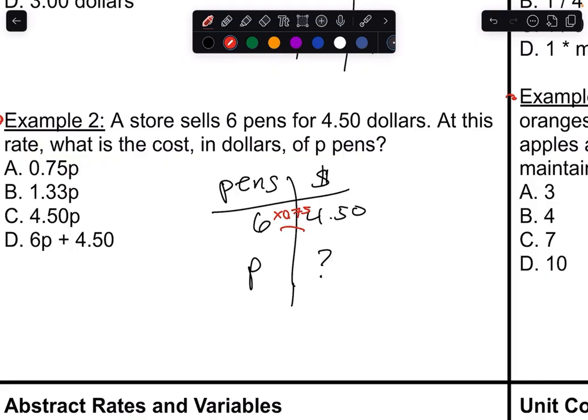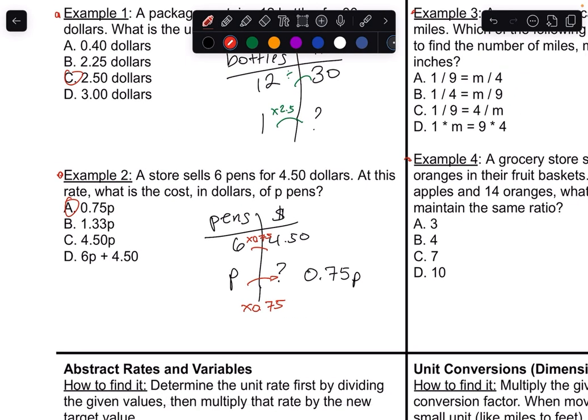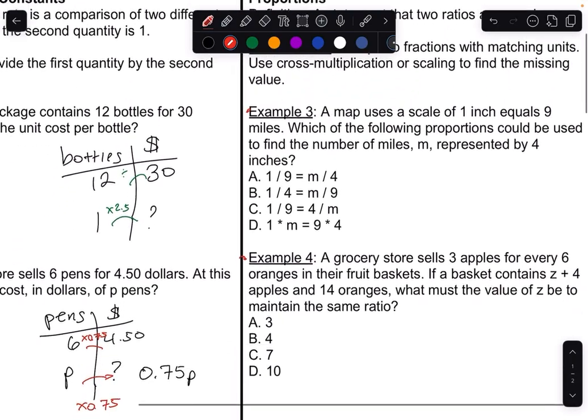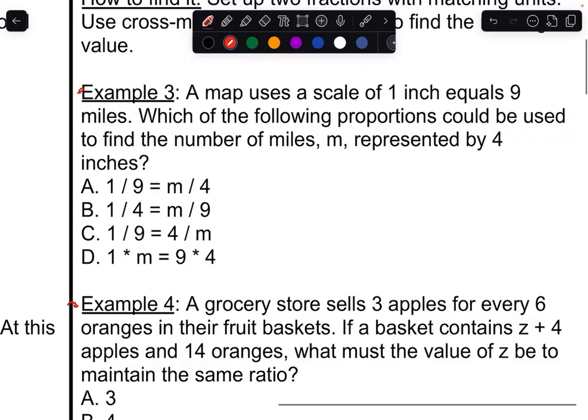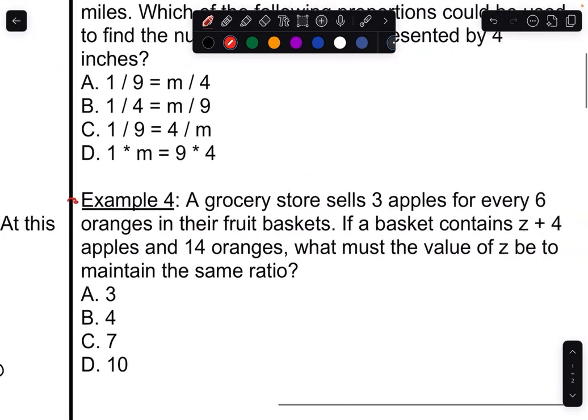What is the cost in dollars of P pens? Well, it's a proportion, so we can do P times 0.75 to get just 0.75P. Abstractness with variables is so important. But with proportions, when we set up our equations or our fractions, these can be set up so many different ways thanks to your conversion chart.